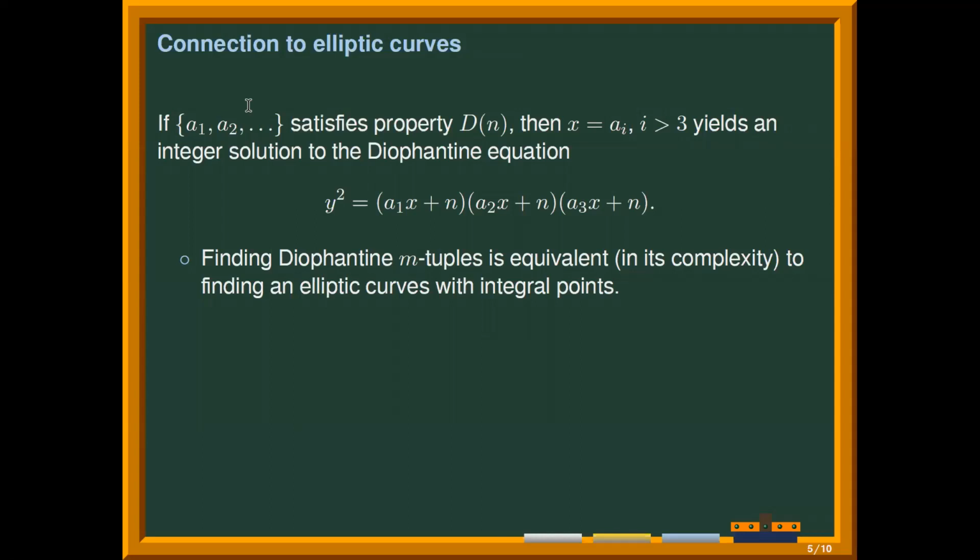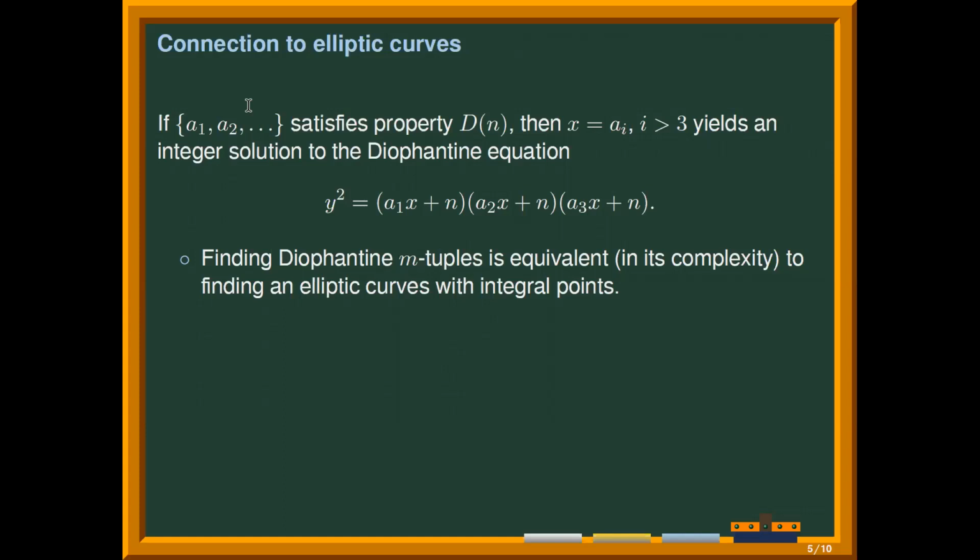And in order to extend the set by adding an element, one alternative way to attack the problem is to find the elliptic curves with integral points, right? Which is 120, comma, the right kind of square number for your y value.